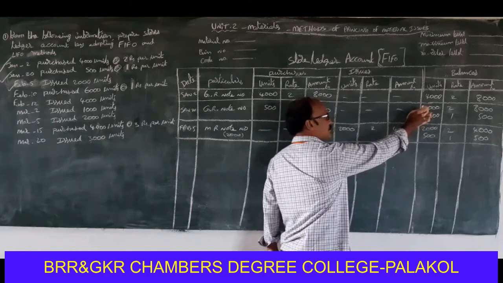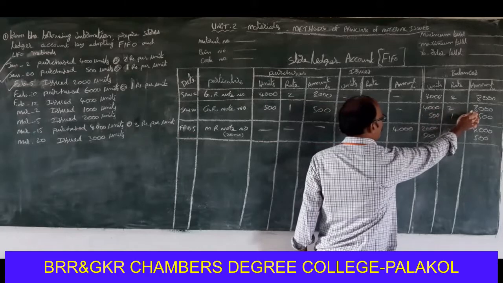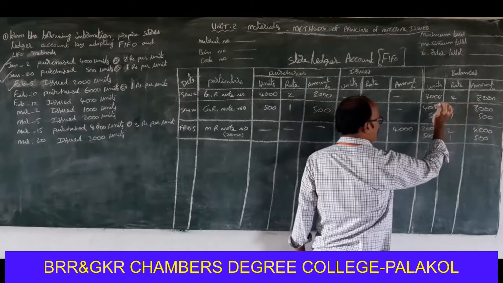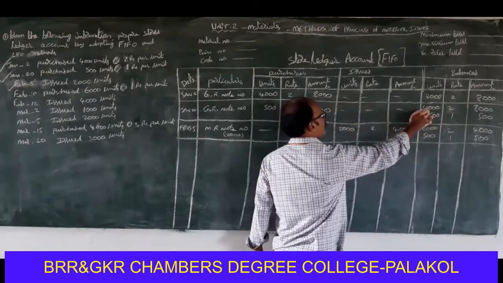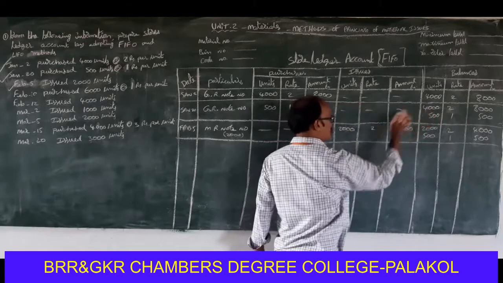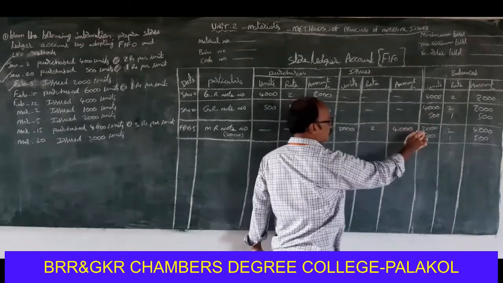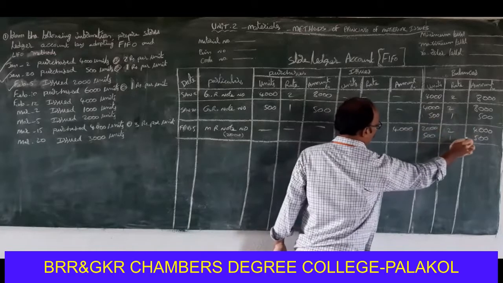So 4,000 units at the rate of 2 rupees per unit, 8,000 rupees worth of units is available here. So the 2,000 units released from this. 2,000 into 2, 4,000. So 4,000 minus 2,000 is equal to 2,000 at the rate of 2 rupees per unit, 4,000. 500 into 1, 500.